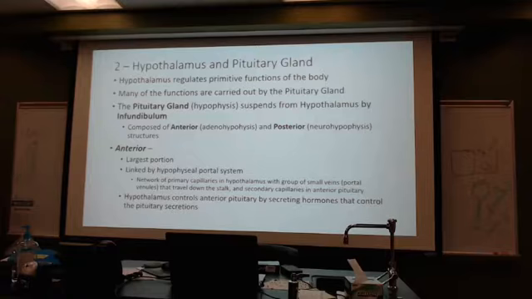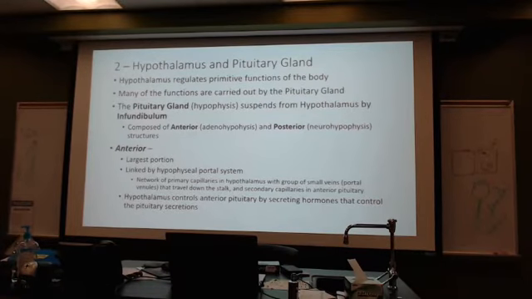Because this has a connection to a blood source, and hormones have to travel by what way? My bloodstream. So this releasing hormone has a connection to the bloodstream, but the bloodstream here simply travels to the secondary capillary network, which is in my anterior pituitary.